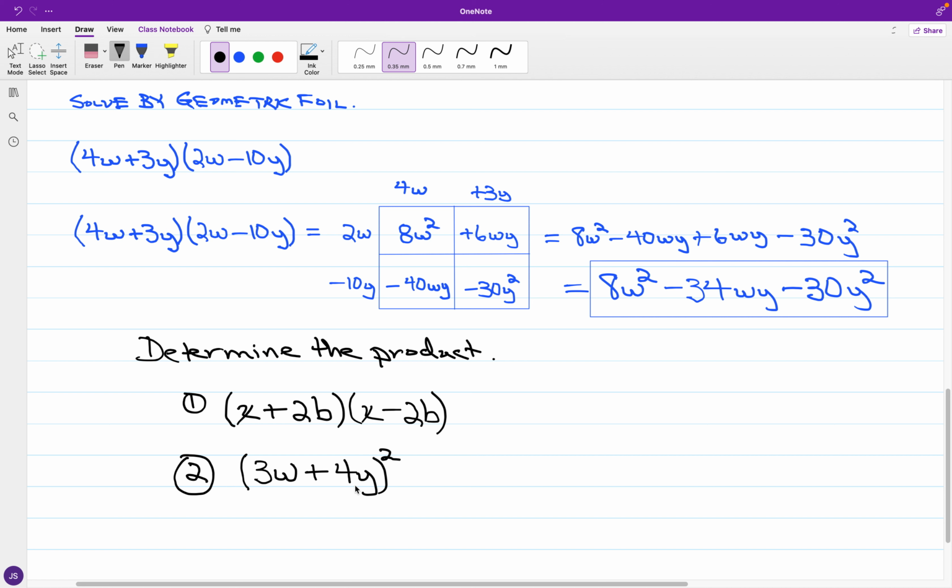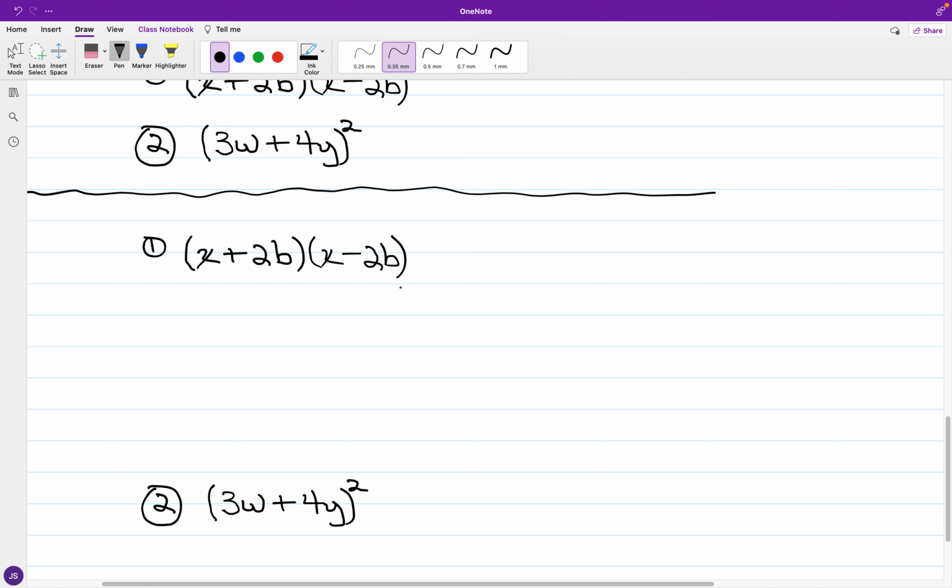So for the next few moments, let's see what results we get when multiplying out these expressions. For the first item we have x plus 2b multiplied by the quantity of x minus 2b. And for the second item, we're looking at the square of 3w plus 4y, and the 2 indicates that if you were to express solely in terms of multiplication, we're looking at 3w plus 4y times itself.